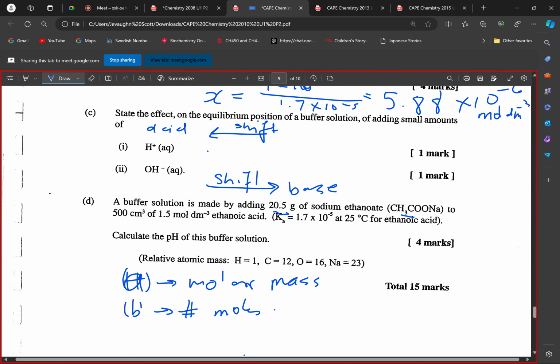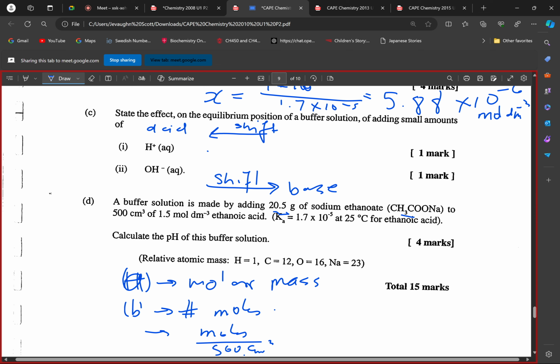After we find the number of moles, we divide the moles by 500 cm³ divided by 1,000, because you need it in dm³ to get the molar concentration of sodium ethanoate as a salt. Then we put that concentration with the acid concentration and the pKa of the acid, which is the negative log of 1.7 times 10 to the negative 5, into the Henderson-Hasselbalch equation, and that is your answer. Hopefully that makes sense.